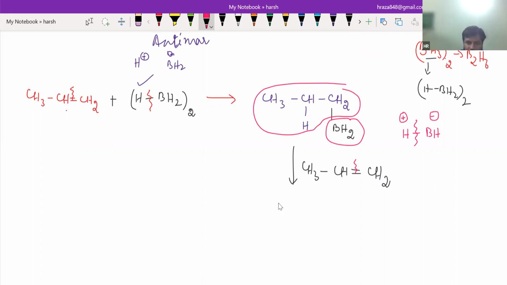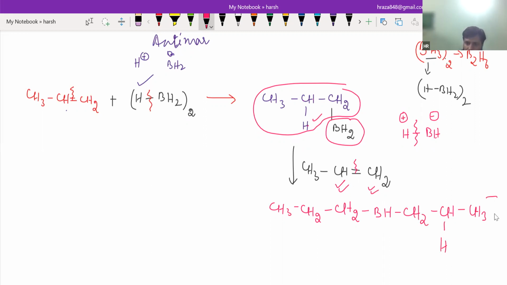I am going to write CH3 CH2 CH2, and the hydrogen will go to this carbon and BH will attach with this. That means there is BH only left, which will attach with CH2 CH2 CH3.